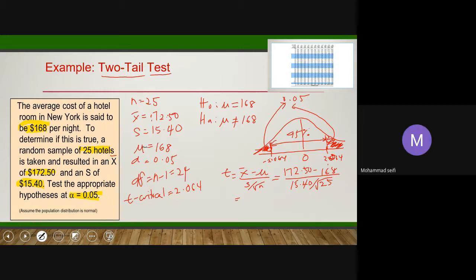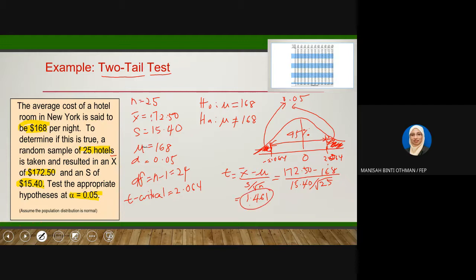Excuse me, doctor. I think it's 1.461. Okay, 1.461. In which area is 1.461? It should be between 0 and 2.064, isn't it?